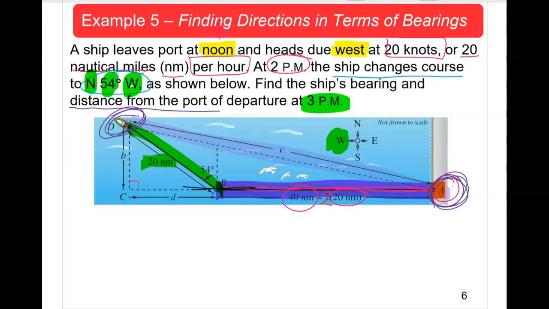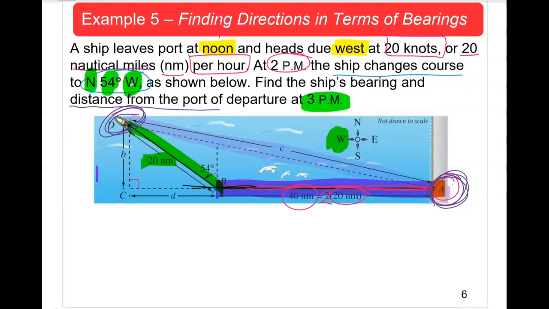So we cannot use our trigonometric functions to solve that. But as you can see with the drawing, we could do something and get 2 right triangles out of it. So I'm going to show you how to do that. If I was to draw the same triangle, I will start here at the departure point, and then I will travel west for 2 hours at 20 nautical miles per hour.